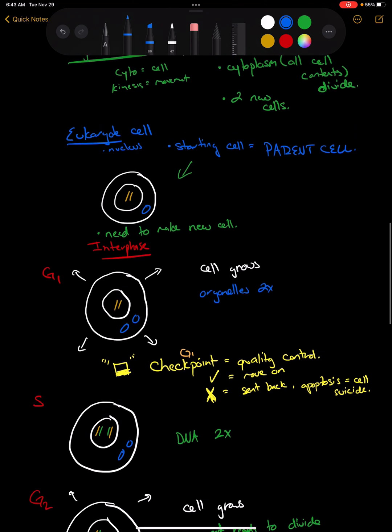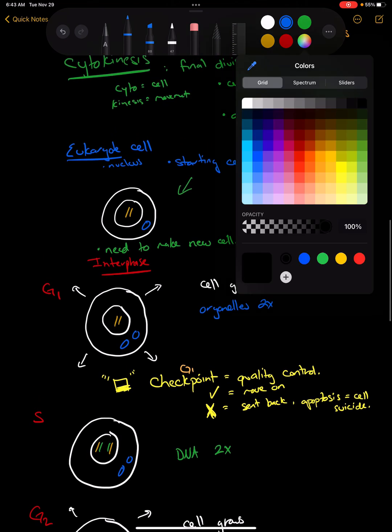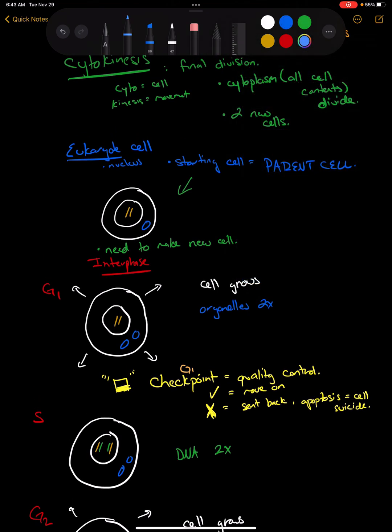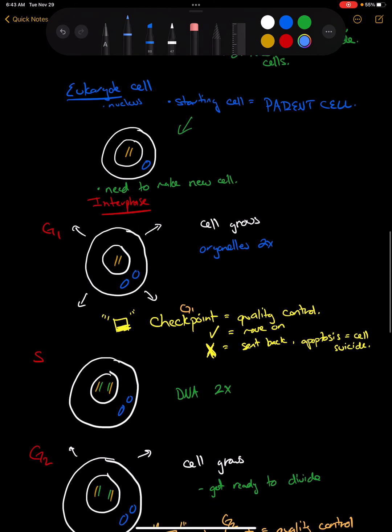All right, now way up here, I kind of forgot to mention this, but I want to make sure I do. When I'm looking at this G1 right here, say some cells are stuck at G1, which means they're forced to go to another phase called G0.